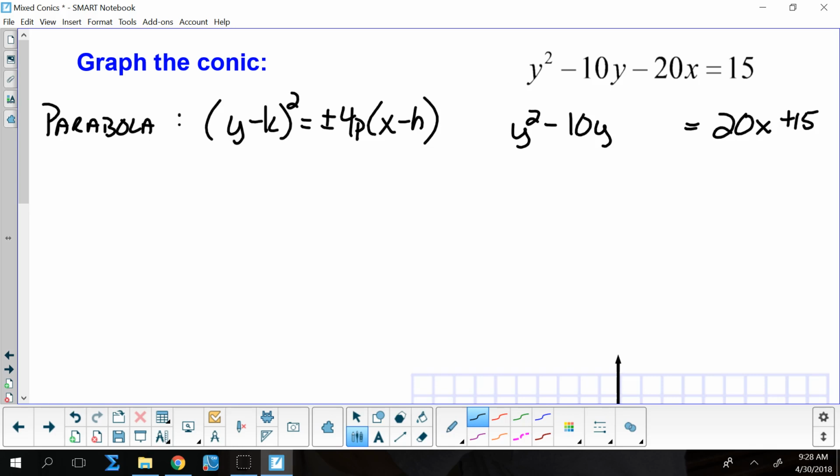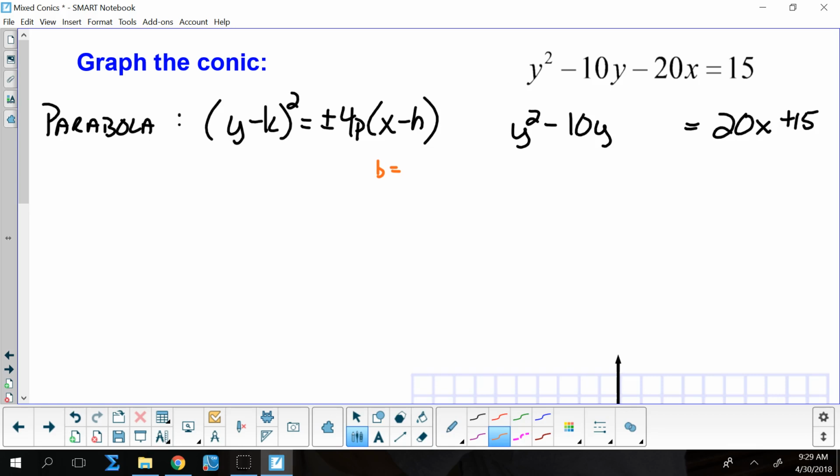So now I ask myself, what is b? Would b be the 20? No, the b would not be the 20. b is the coefficient of the non-squared variable.